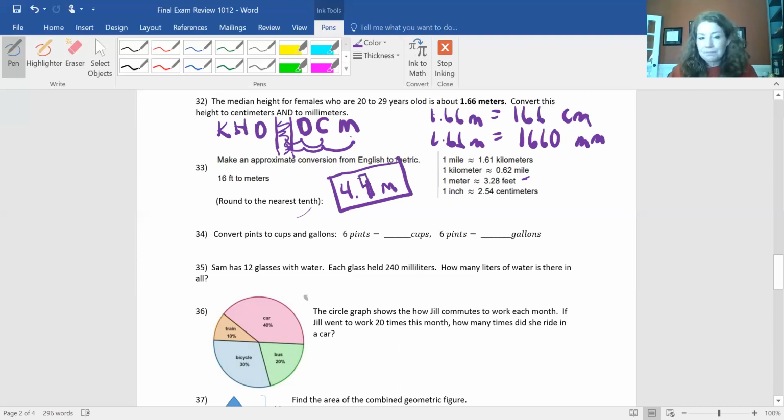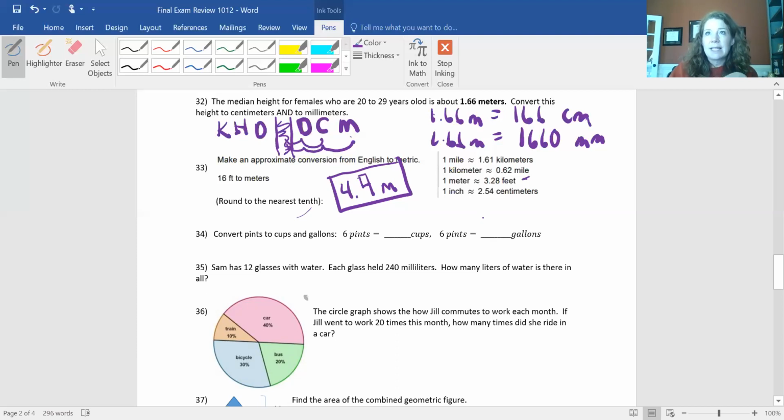All right, number 34, convert pints to cups and cups to gallons. Now these you should know because this is what we use in the United States. Let's see, there are 2 cups for every pint, right? For every 2 pints, you have a quart. For 4 quarts, you have a gallon.